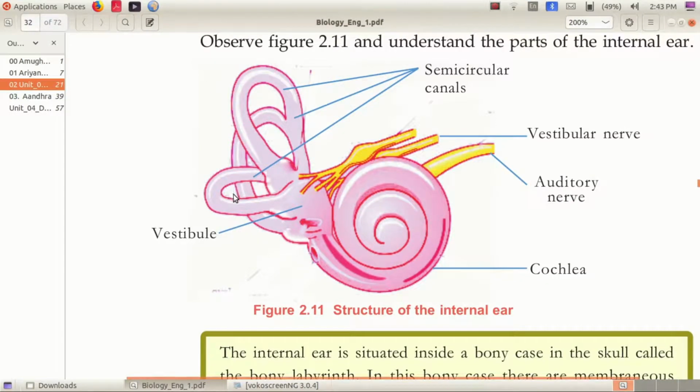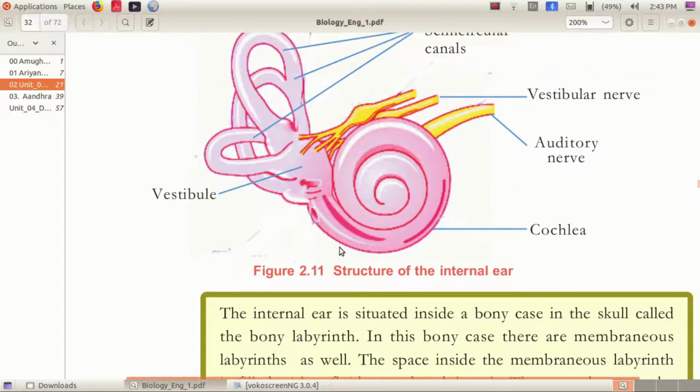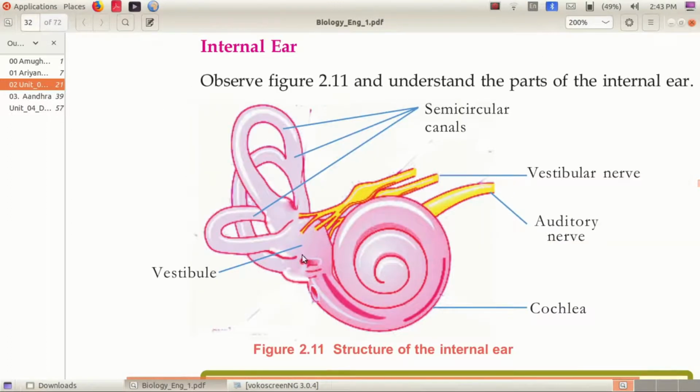Here, this one is vestibule. From the vestibule, 3 semicircular canals start. Vestibule and semicircular canals perform the function of balancing of the body. And this snail-like coiled part of the ear is called cochlea, and this helps for hearing.